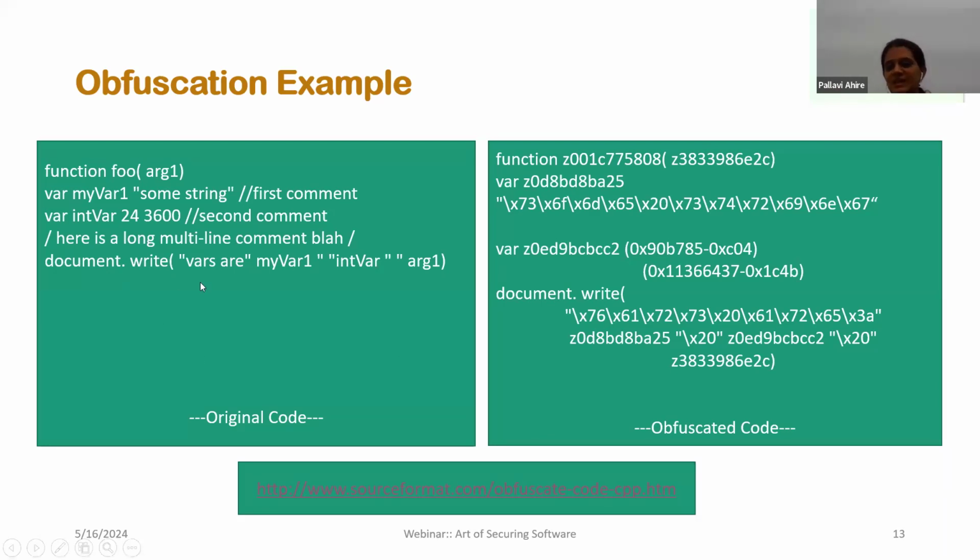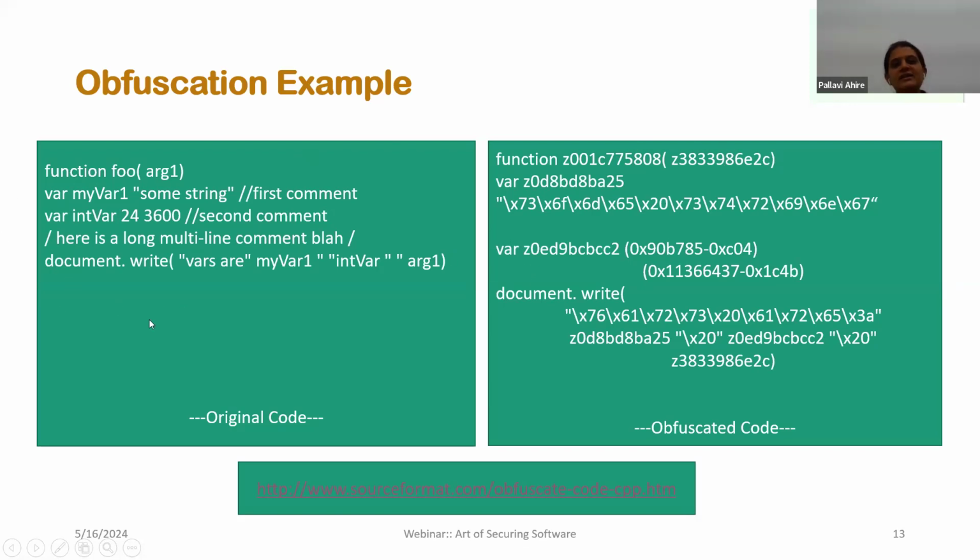Now, when it is obfuscated by traditional means, you can see here that since the name of the function is predefined, you cannot change it. Foo, as it is user defined, you can see that it is encrypted now. Argument 1 is encrypted. The keyword var cannot be changed, it is as it is. The second var is as it is.